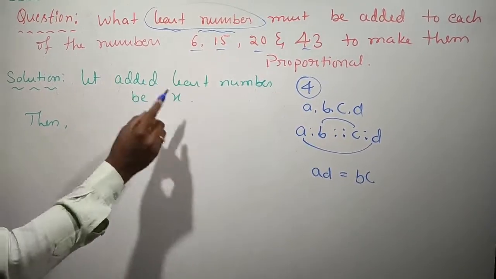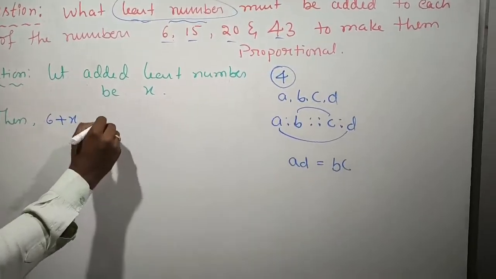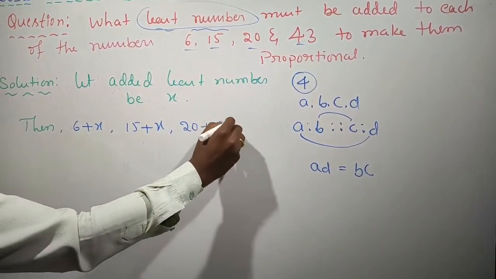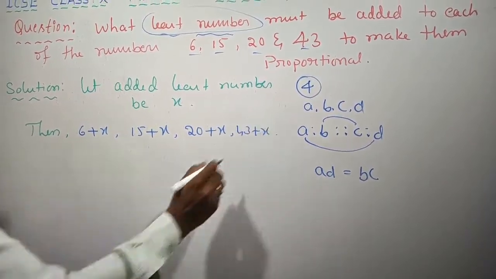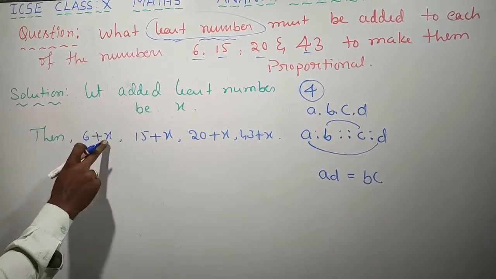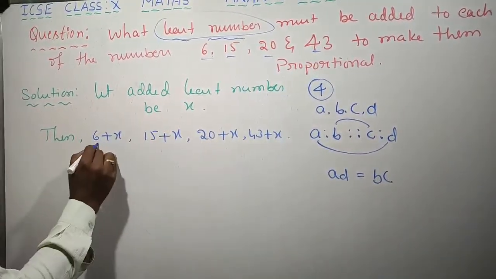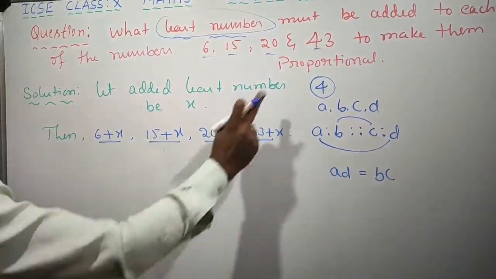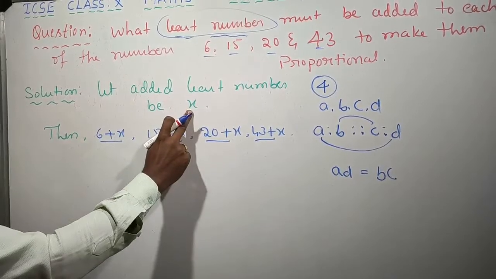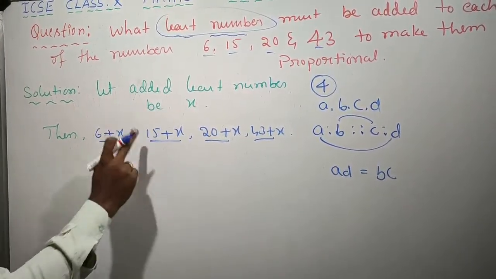See, 6 added with x means 6 plus x, 15 plus x, 20 plus x, 43 plus x, children. Then when x is added to these 4 terms, they become proportional. What least number must it be? We are adding the least number x, and we are going to find that least number x value.